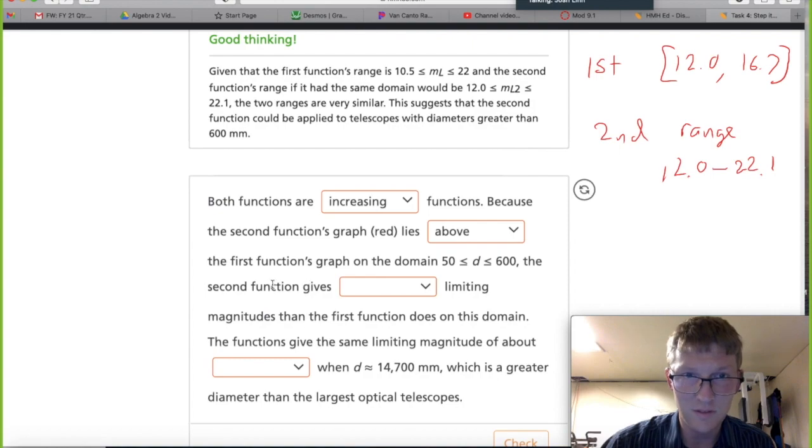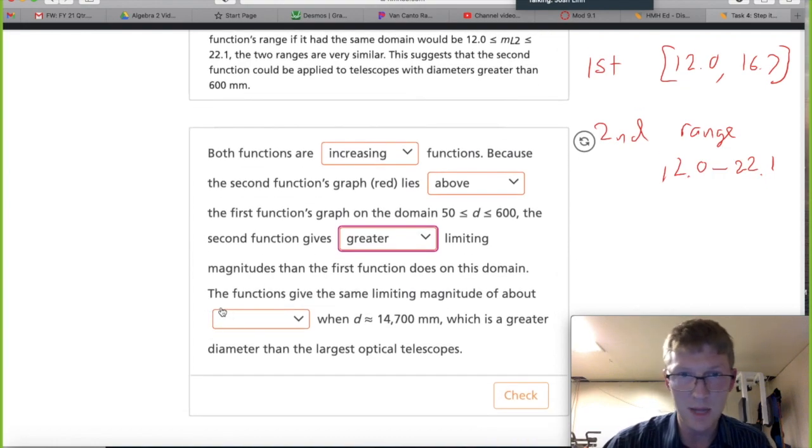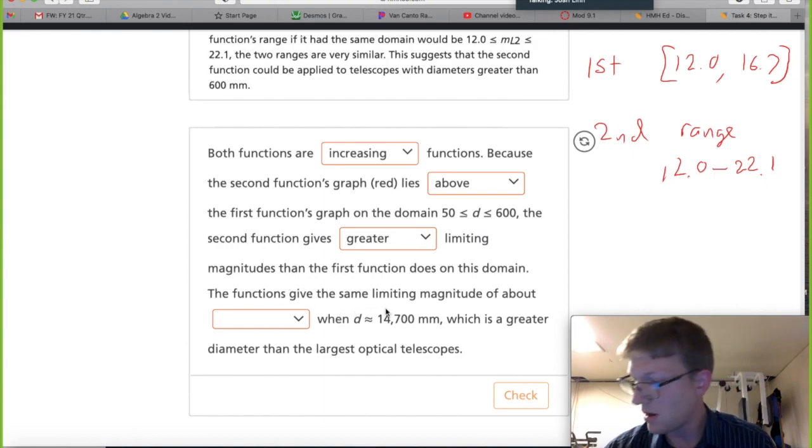The second function gives greater limiting magnitudes than the first function does in this domain. The functions give the same limiting magnitude of about that when the diameter equals 14,700.